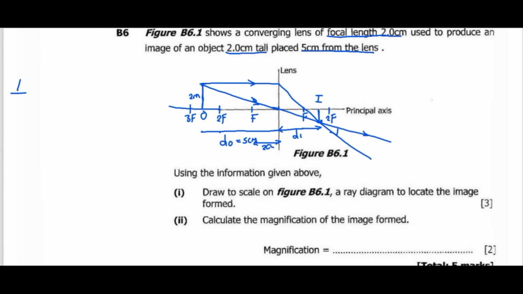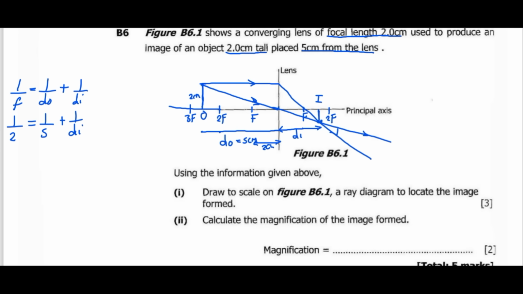So the lens equation is 1 over f is equal to 1 over do plus 1 over di. So 1 over 2 is equal to 1 over distance of an object, which is 5, plus 1 over di.